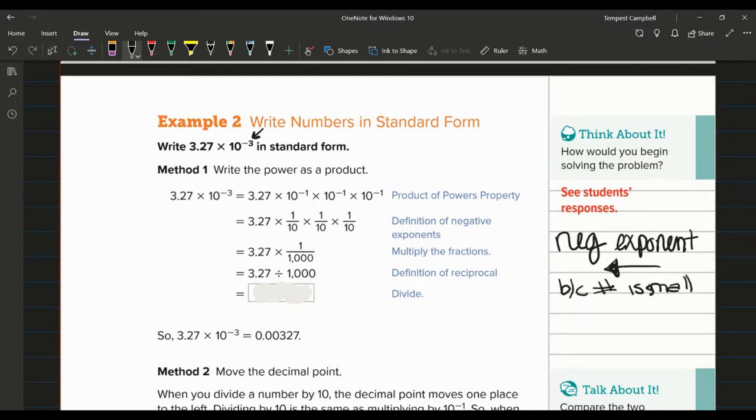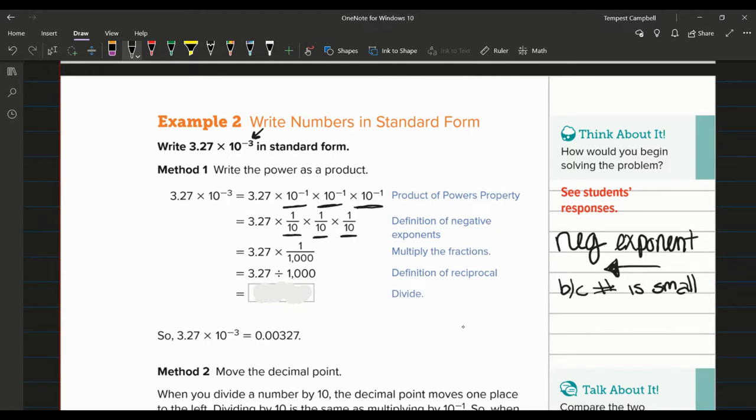That means in method 1, when we plug this into our calculator, we have to write our 10 to the power of negative 1 as 1/10. And so we have 3 of those. So we have 3 1/10ths.